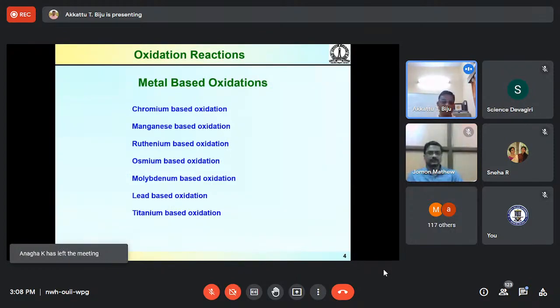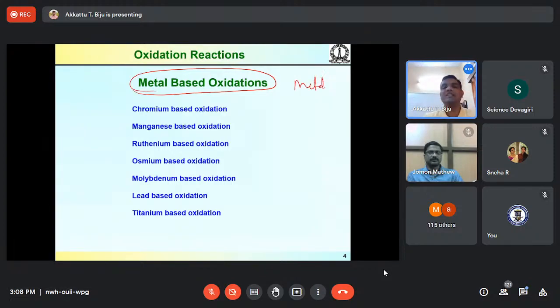Generally for oxidation reactions, we use different types of reagents: the metal-based oxidation reactions, the metal-containing oxidation reactions, and second, metal-free oxidation reactions. If you look at the metal-based oxidation reactions, there are several metals useful for oxidation chemistry, and among the most important are the chromium-based oxidation reactions.